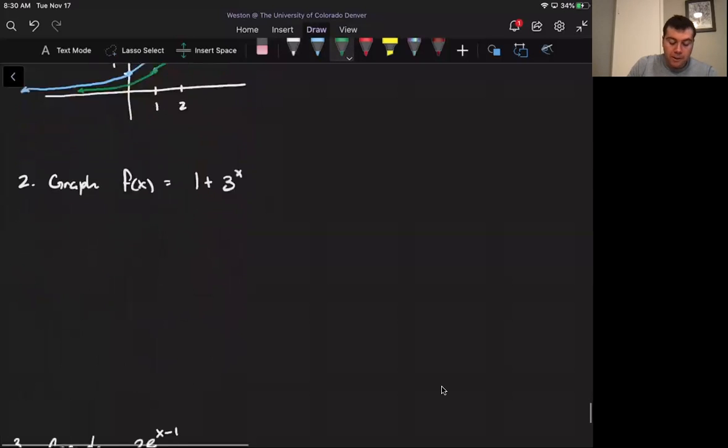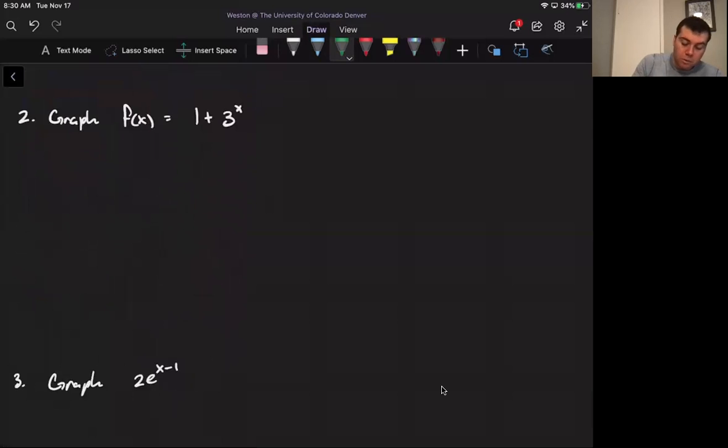All right, so now we'll work on graphing f of x equals 1 plus 3 to the x. Again, we'll just start with an axis. We'll label our important points. And we'll need a 4 for later.